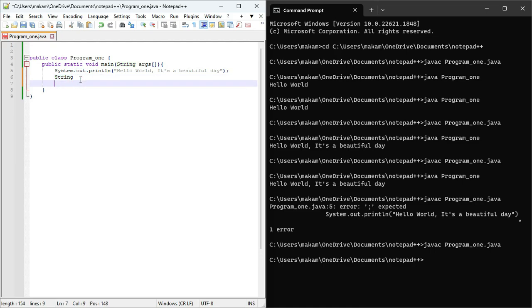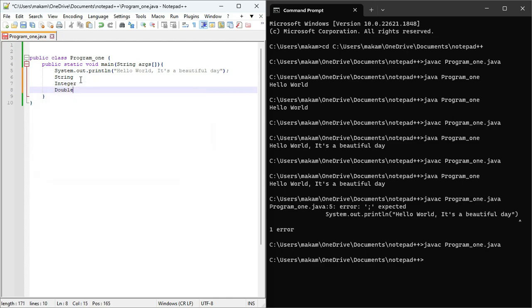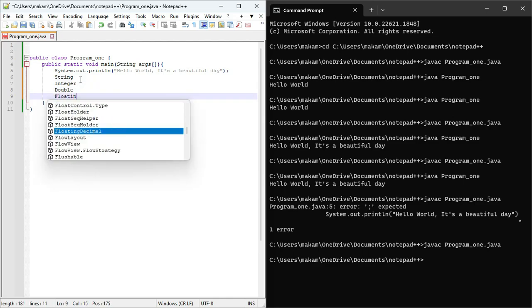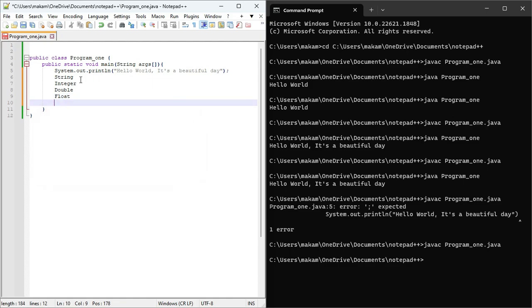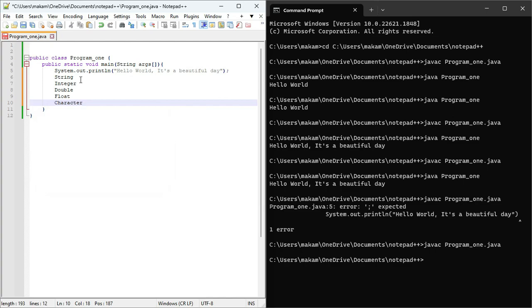So we have a string, we have an integer, we have a double, we have a float, we have character, but we write it as a char. Let me just put character here so there's less confusion, and I have to put character somewhere up here with string. And then you have a boolean.